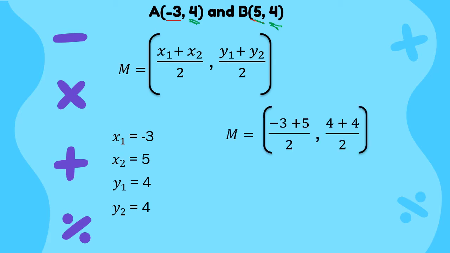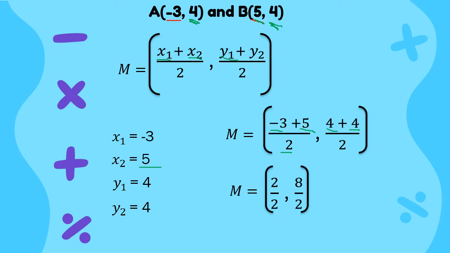So we have -3, since x sub 1 is equal to -3, plus x sub 2, or x sub 2 is equal to 5, divided by 2. Next, y sub 1 is equal to 4, plus y sub 2 is equal to 4, divided by 2.